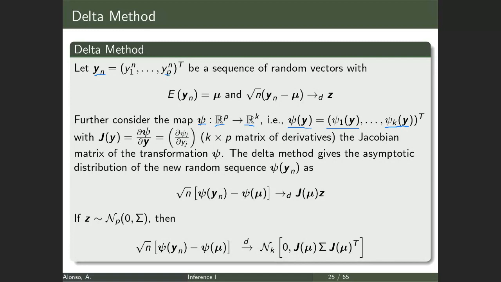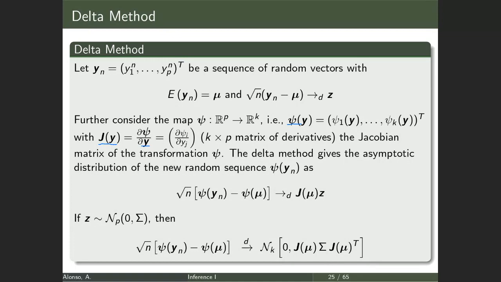Now, such a transformation, such a function, such a map has something associated with it that we call the Jacobian of the transformation. What is the Jacobian? It is the derivative of your function psi with respect to y. So that's a matrix. In position ij of the matrix, what you have is the derivative of the i-th component of psi with respect to the j-th component of y.